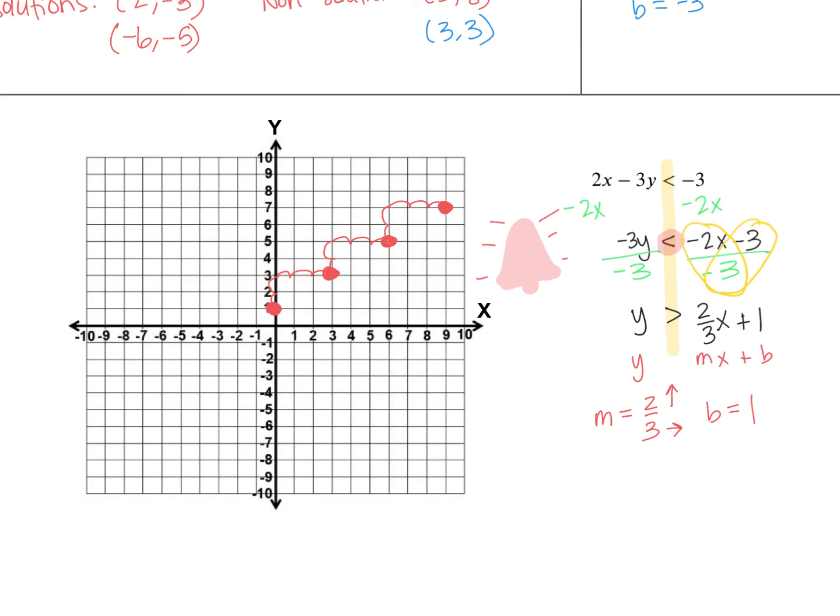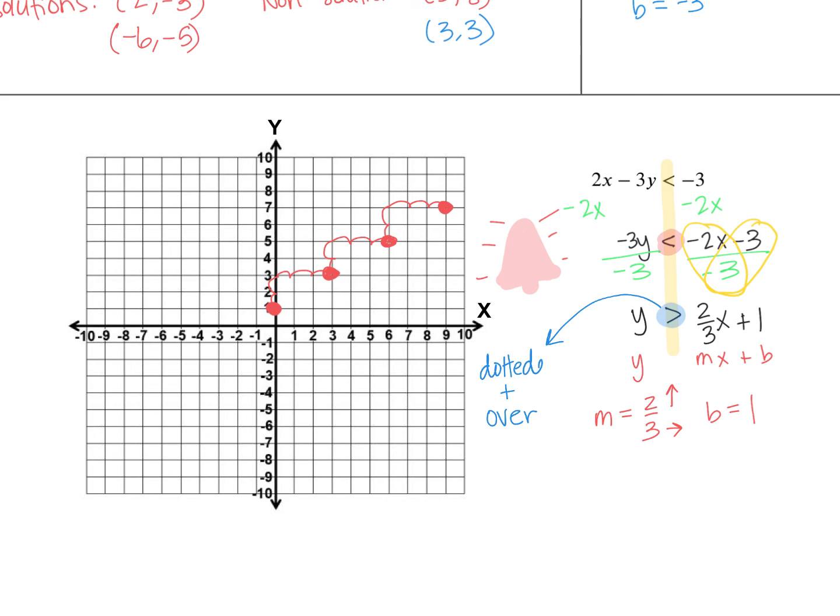Now we need to look at our inequality sign. That inequality sign is now a greater than sign. So if you look at the upper right-hand corner of your paper again, let's just go ahead and write what type of line and where we're shading. Because we have a greater than sign, that means we're going to have a dotted line and we're going to be shading over.